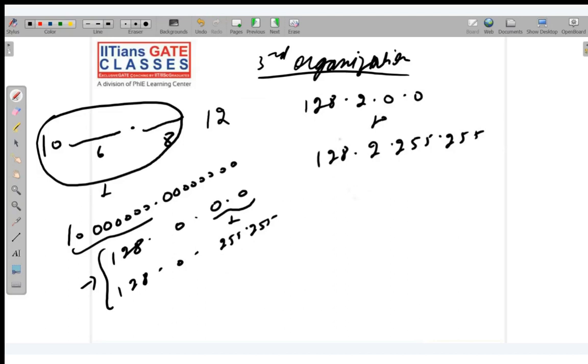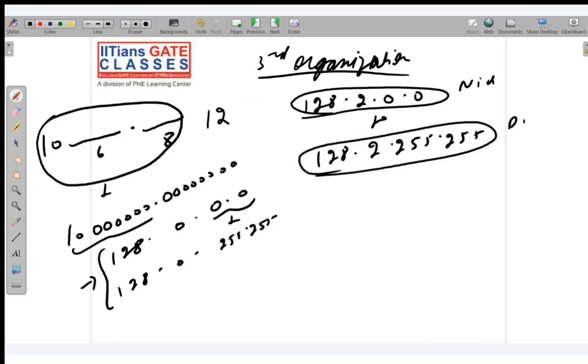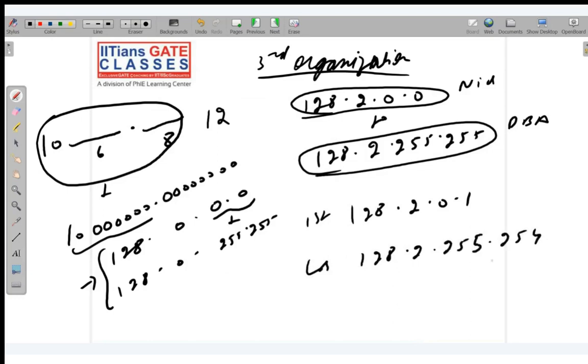So this will be the net ID, this is the DBA, and first host 128.2.0.1, and last host 128.2.255.254. That's it. Now I think it's trivial.